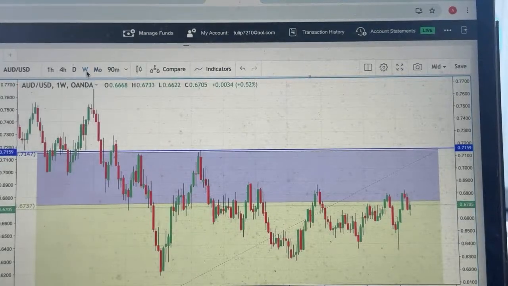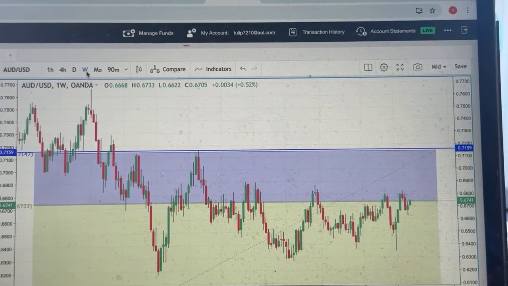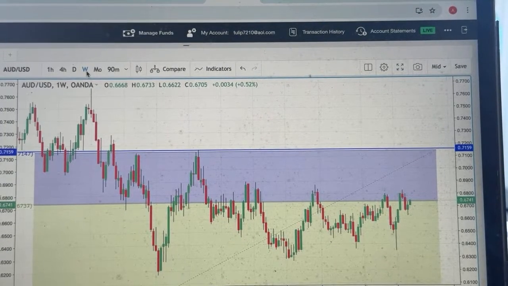Now, trend is another thing. All right, if you have an uptrend, you're buying. If you have a downtrend, you're selling. Okay, so what do we want to do? Do we want to buy low, sell high? Or do we want to buy high, sell low?